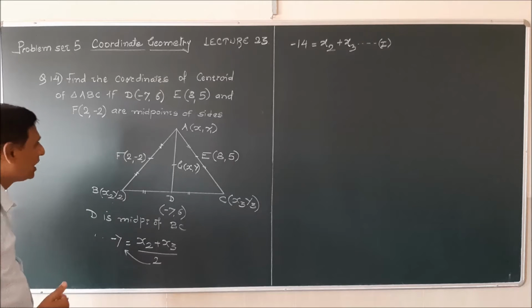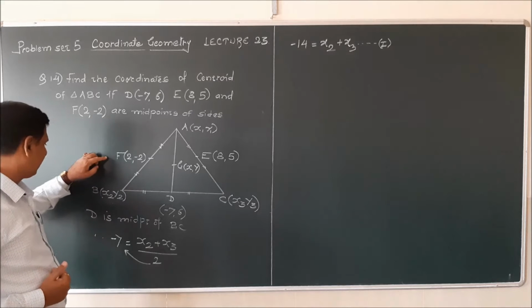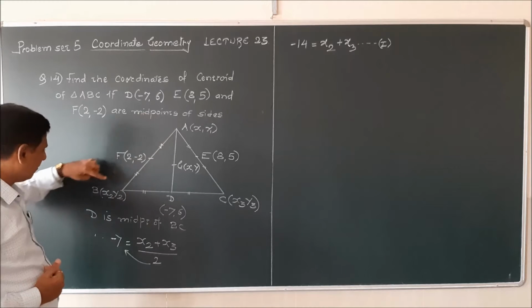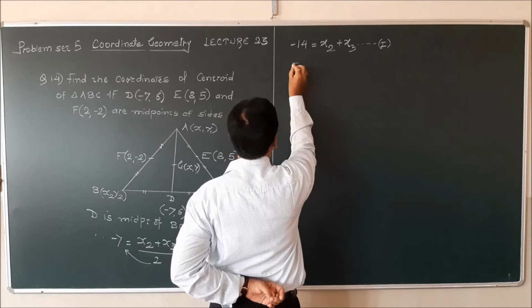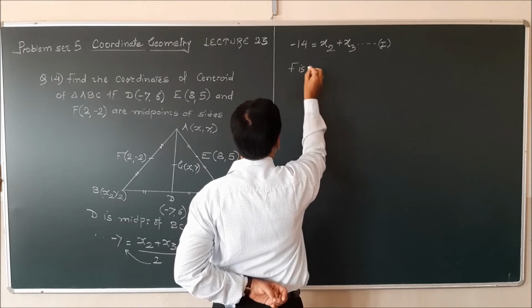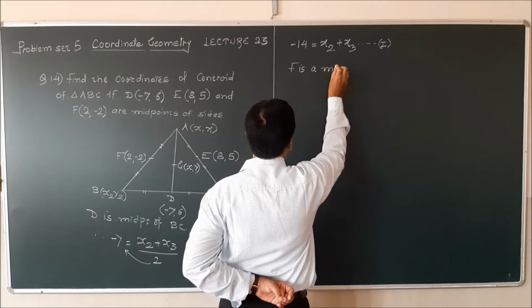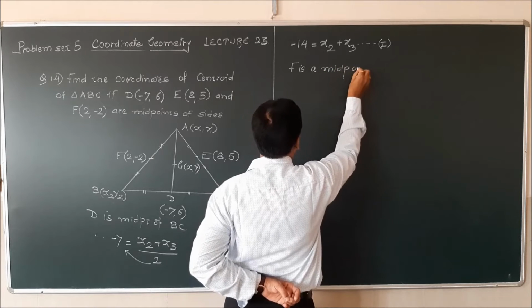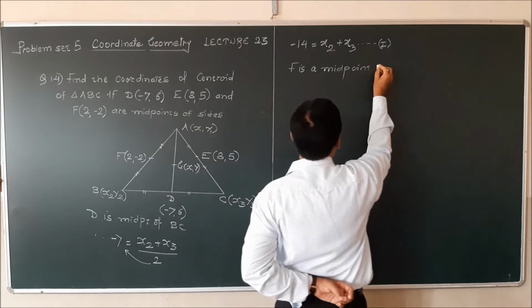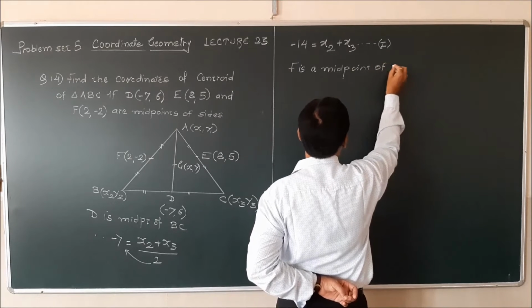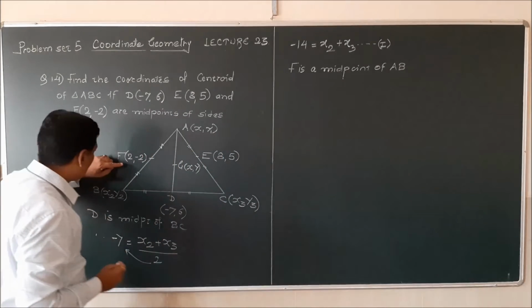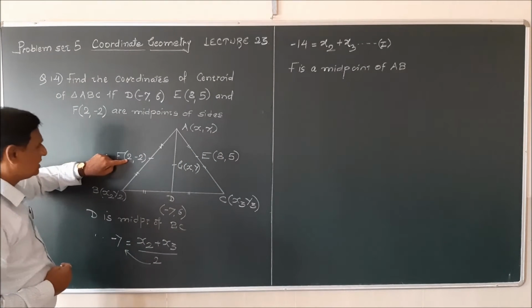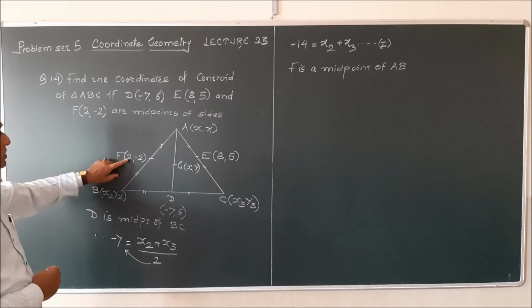That is my aim. Now likewise, F is a midpoint of AB. So naturally we will be getting in this case also, what is the x coordinate? The x coordinate is plus 2.